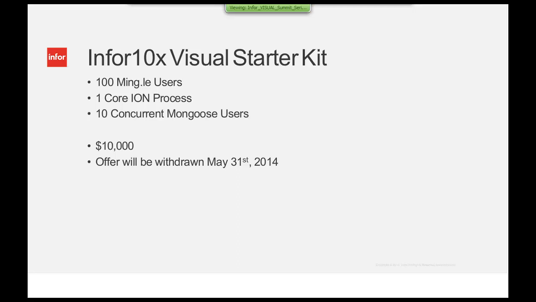It's a great way to more or less dip your toe into the water of ION and Mingle and Mongoose, into that 10X stack, to get yourself familiar with it and see the usefulness of that. You could then potentially start extending it out to other Infor applications you have in-house, or non-Infor applications where you want to start utilizing things like workflow or exception management, some things that maybe that particular application doesn't have today.